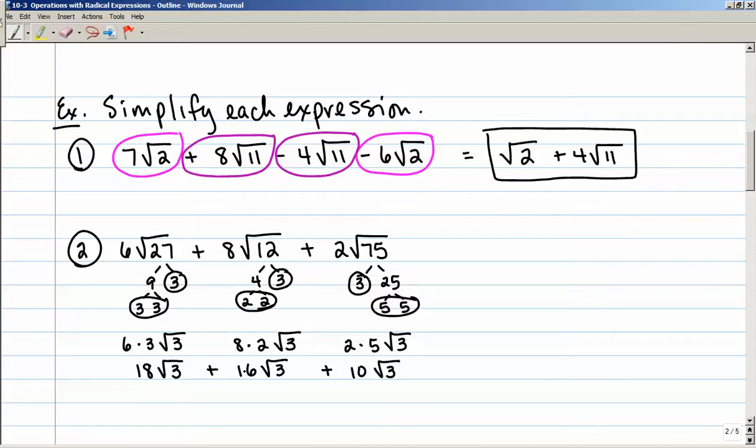Now I actually have expressions that all have the same radicand, square root of 3. So I can just add 18 plus 16 plus 10 for 44 square root of 3. So if you can simplify the radicals, you need to do that first.